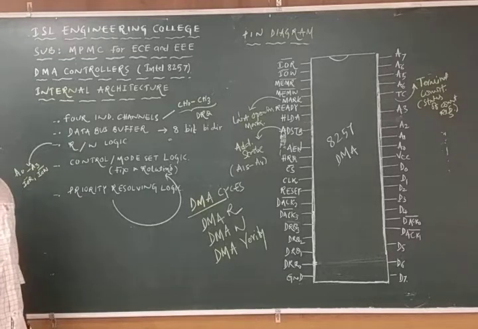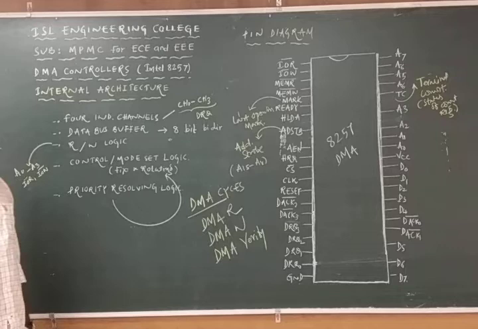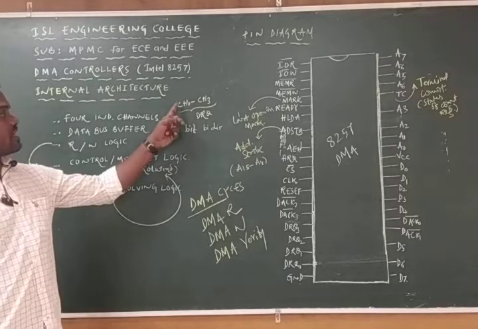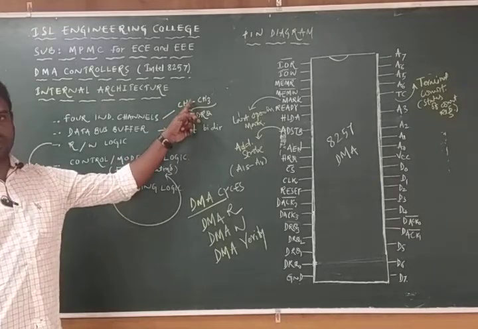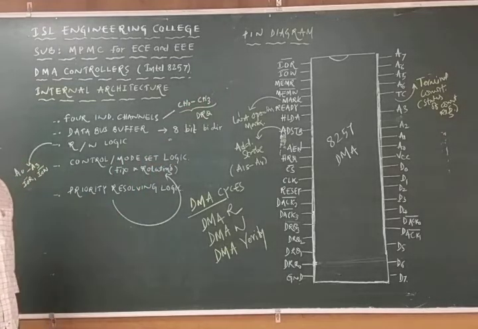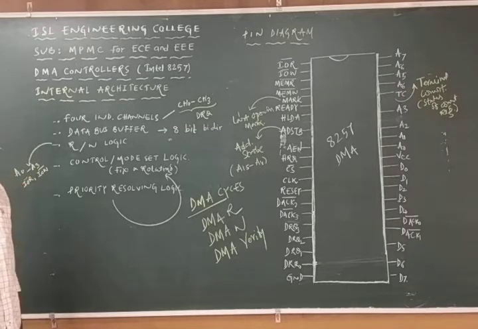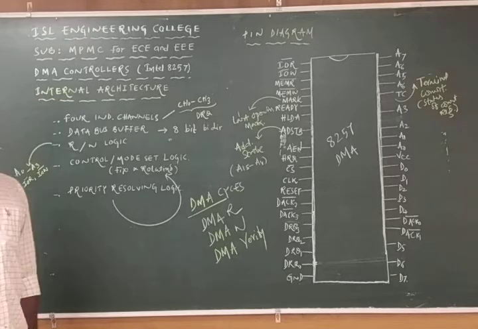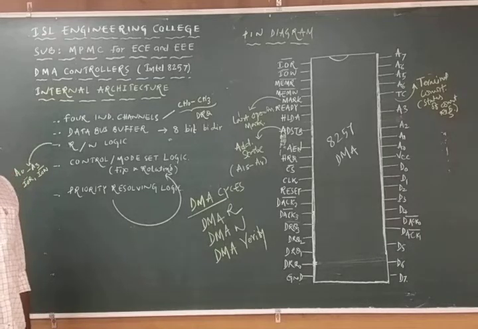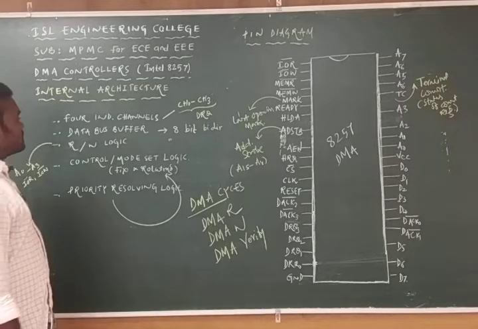The first part is named 4 individual channels: channel 0, channel 1, channel 2 and channel 3. Each individual channel can be connected with one input-output device, so that by making use of the DMA controller, 4 input-output devices can be interfaced with the 8086 microprocessor.